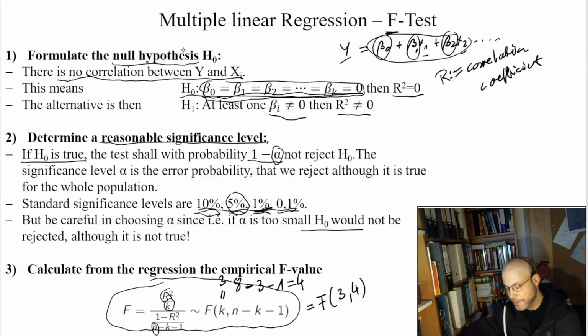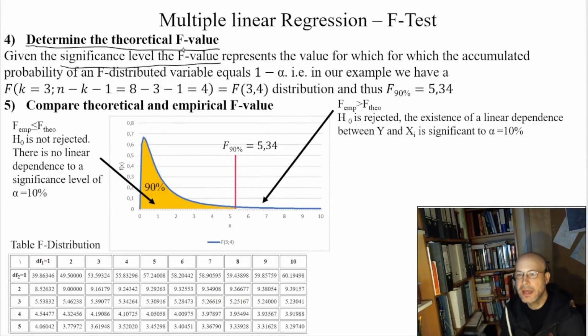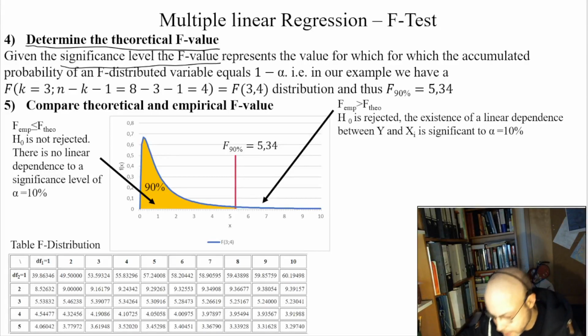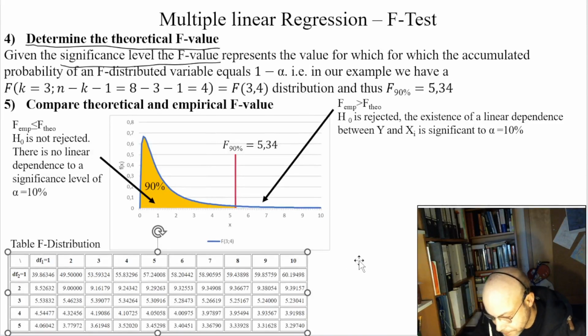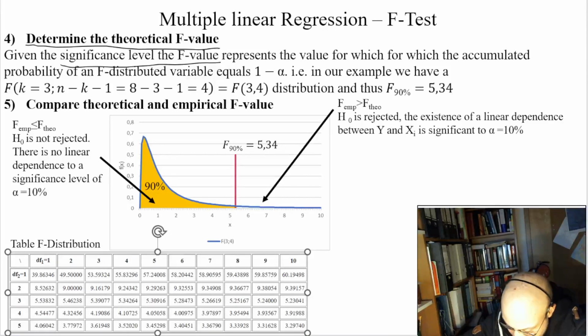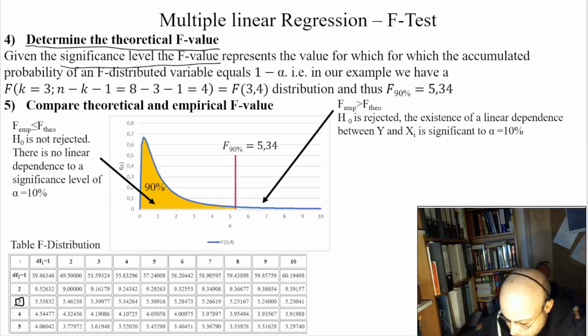And for this we have our distribution given in tables. So what we are doing here is we look at these tables here. Here we have our 3, here is our 4.